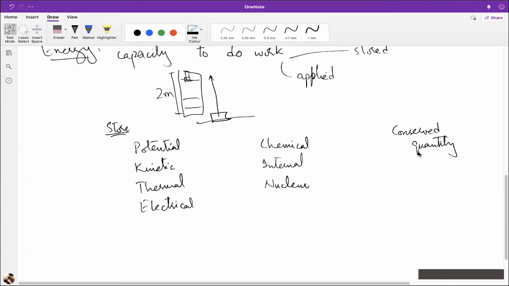If we found one, that would mean our understanding of physics would be radically changed, extremely radically. We would have to shake the foundations of the physics that we understand, or even chemistry or any other science that we have. So this idea that energy is neither created nor destroyed is foundational to modern science.